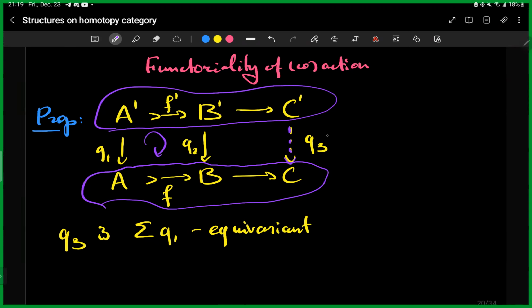So this map is compatible with the coaction of sigma A prime on C prime and the coaction of sigma A on C. And of course, we have the dual statement, meaning that if we have a fibration with some fiber and another fibration and a map, then the induced map of fibers also commutes with the action.